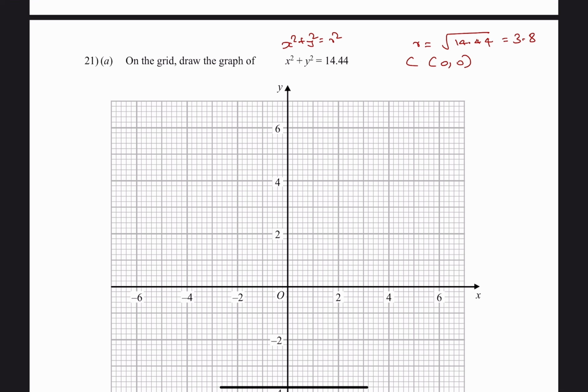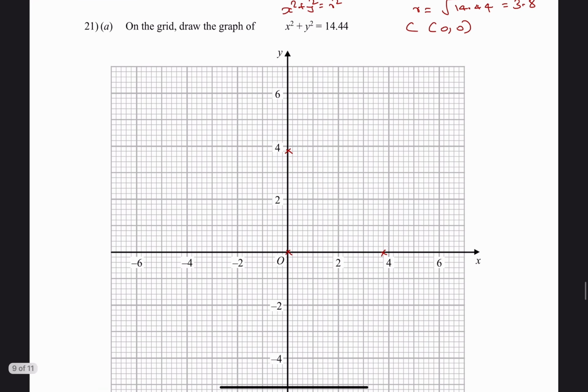On the graph, draw this. So 0, 0 is here. 3.8, where is it? 3.8 is here. Minus 3.8. Again, minus 3.8. And then you just basically need a circle. Very tricky to draw a circle here.